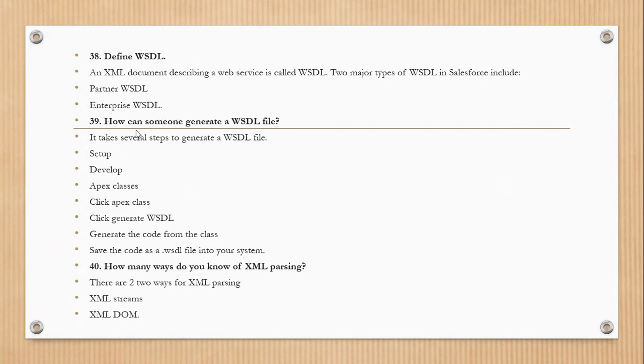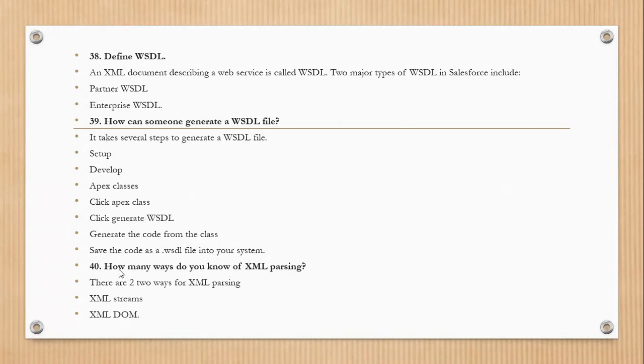Next question, how can someone generate WSDL files? Take several steps to generate WSDL files: Setup, Development, Apex Classes, click the Apex class, click Generate WSDL, generate the code from the class, and save the code as a WSDL file on your system.